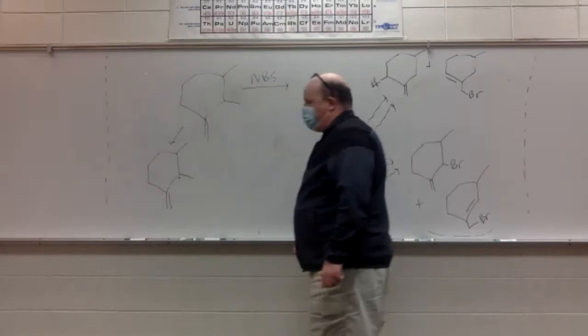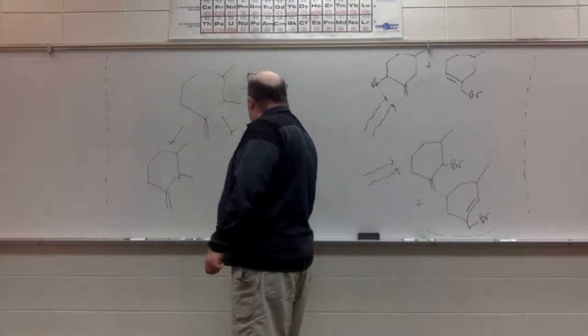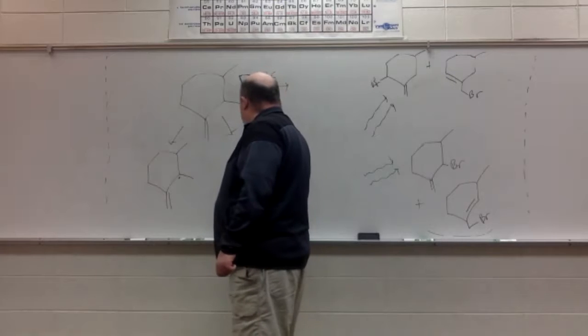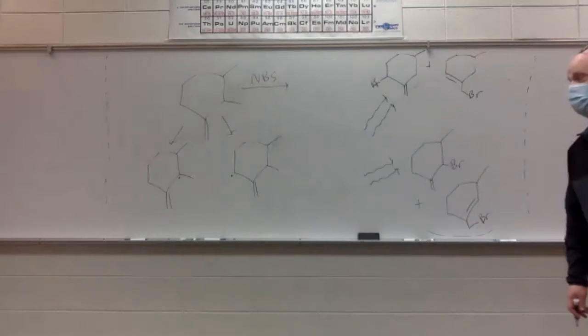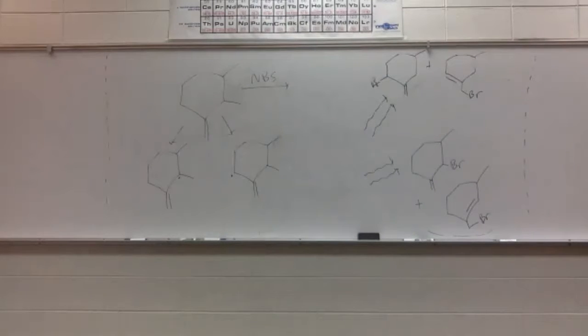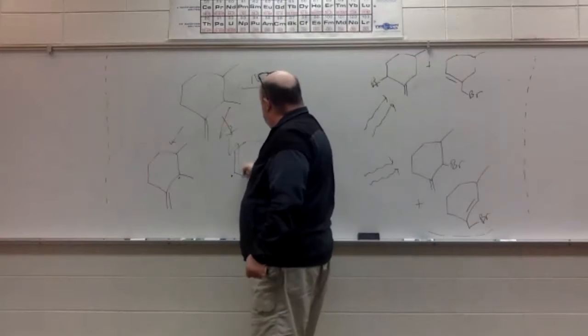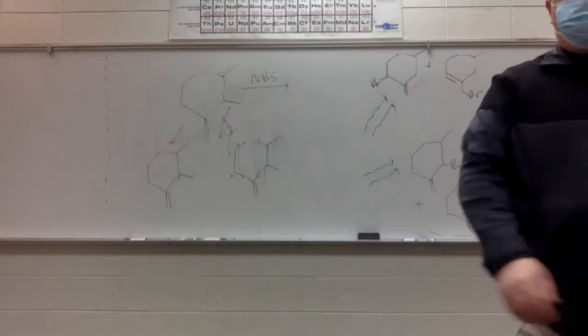You could take an H off of that allyl position, or you could take an H off of this allyl position. Is either one of those favored over the other one? I see some nodding. Which one? The left one? Why? Tertiary allyl over secondary. So in this case, you would only work off of that one. Very good.